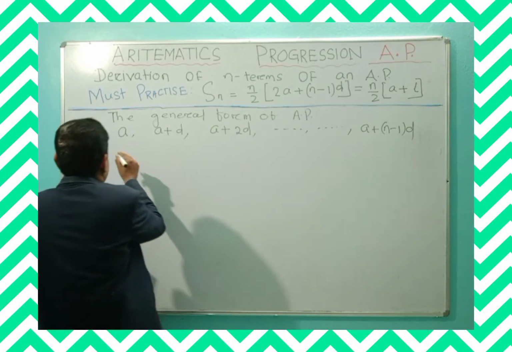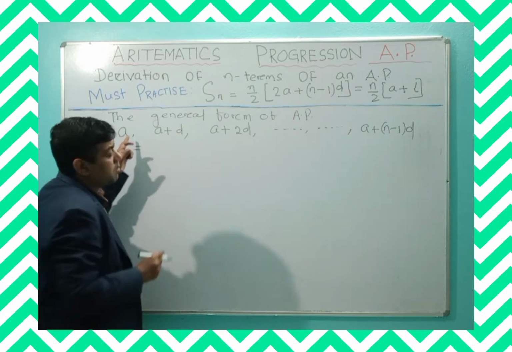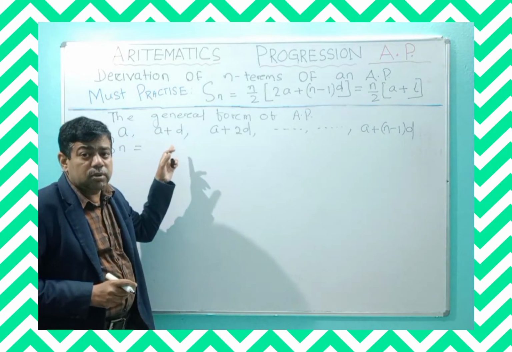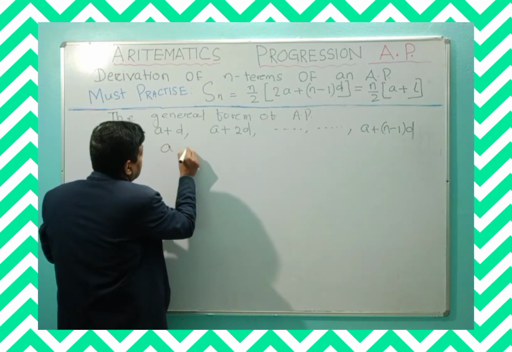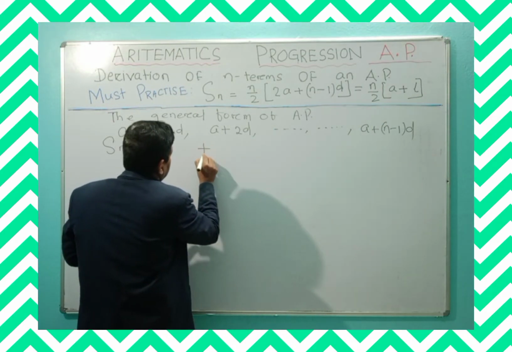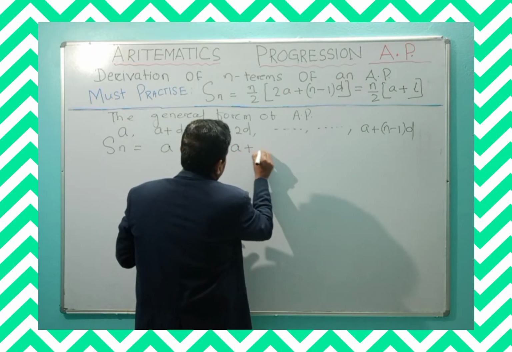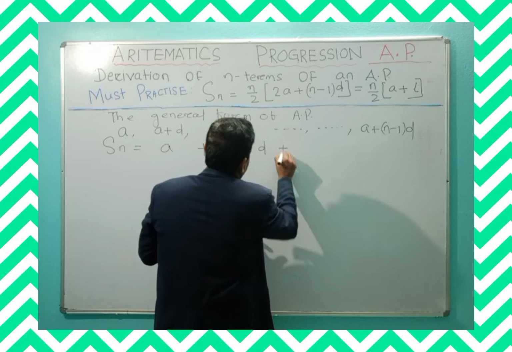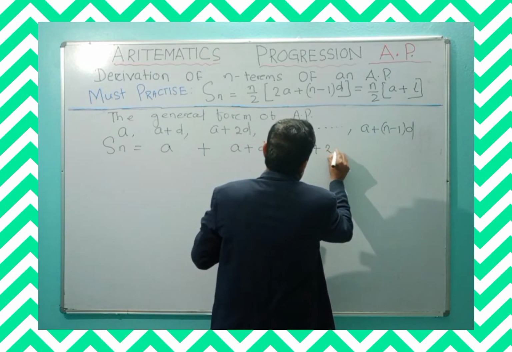Now let Sn be equal to the sum, and we have to add all the terms. What is the first term? A. What is the second term? A plus d. Similarly, the third term is a plus 2d.